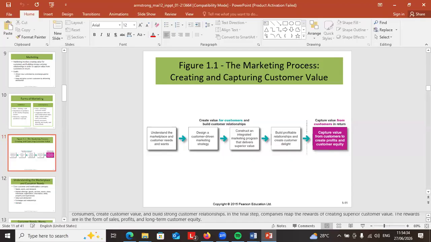I can even say the fourth step in the marketing process is what? And then I mix it up. You should be able to point it out that the fourth step involves building profitable relationships and creating customer delight, right?